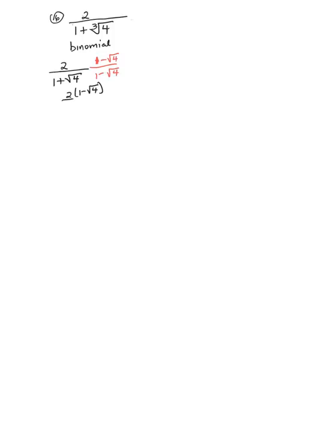And this was the difference of 2 squares, a squared minus b squared, or 1 minus root 4 squared, which was 2 times 1 minus root 4 divided by 1 minus 4. And that gave us an answer of 2 times 1 minus the square root of 4 over negative 3. So notice that here we used an important property that a minus b times a plus b is equal to a squared minus b squared.